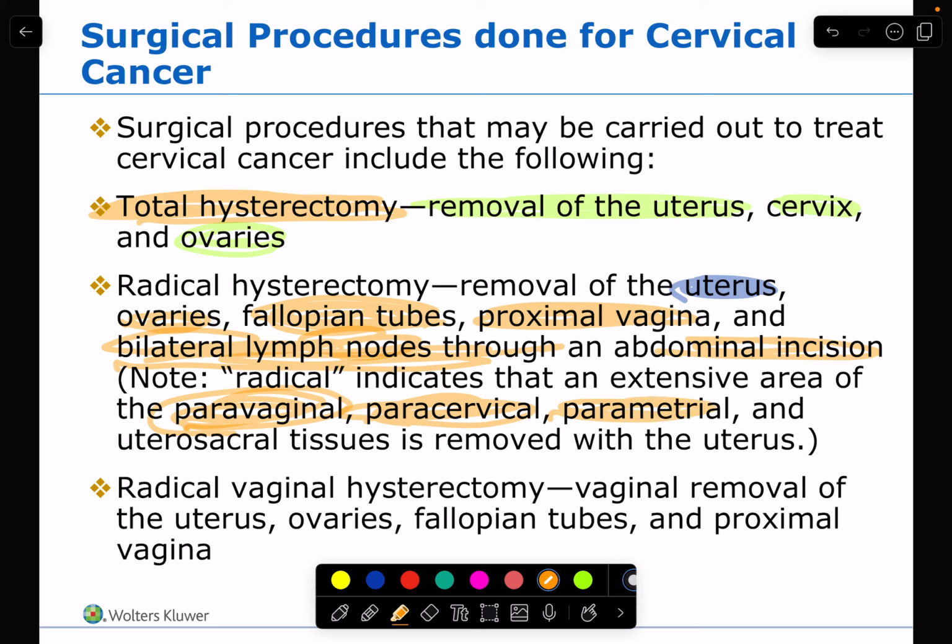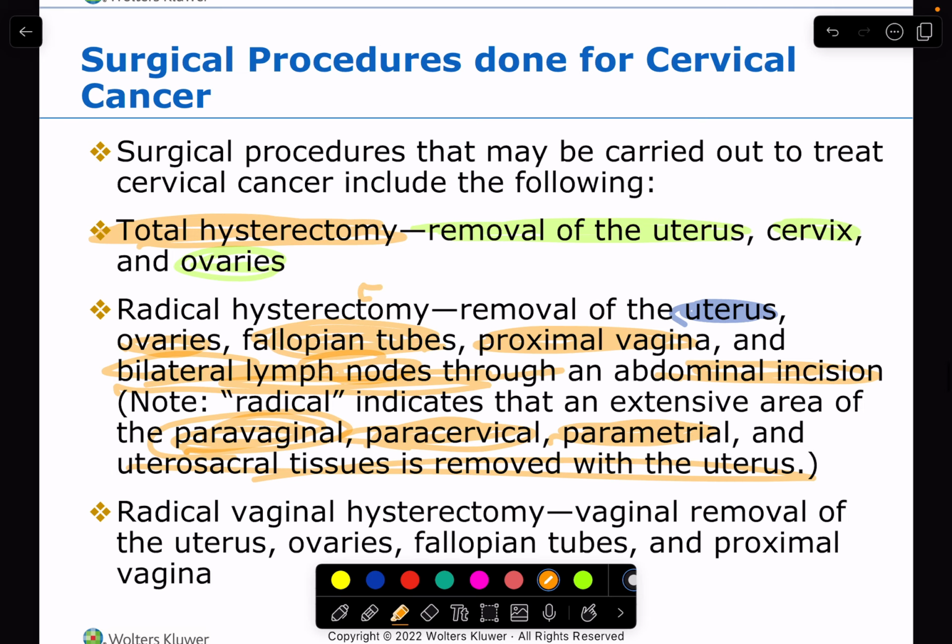Parametrial or the endometrium part of the uterus is also removed, and uterosacral tissues is removed within the uterus. Kaya nga mas aggressive ang radical compared sa total hysterectomy. Aggressive, kasi ang daming tinatanggal dito.